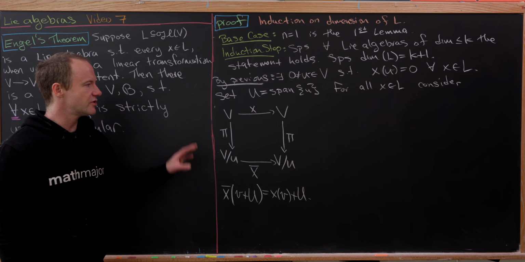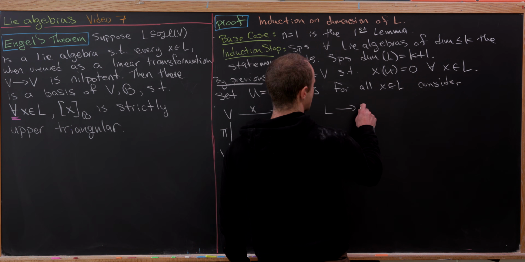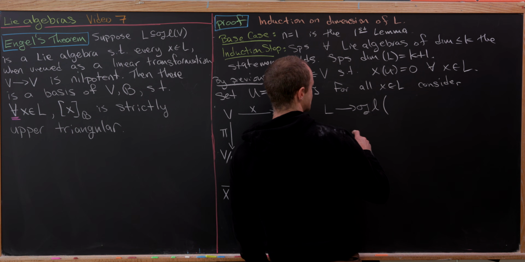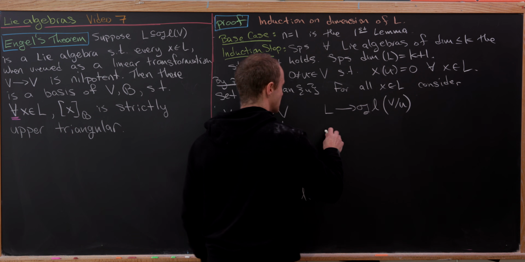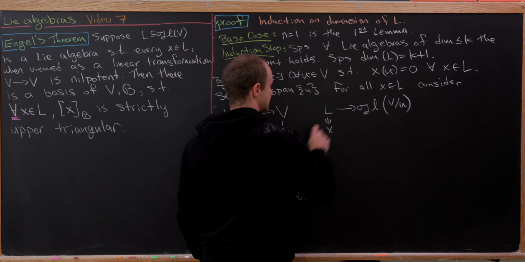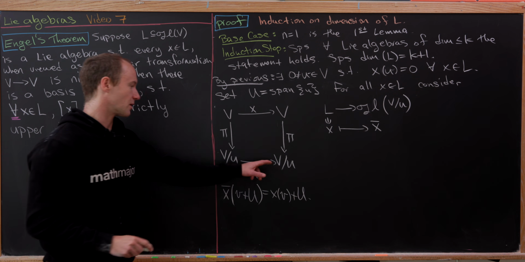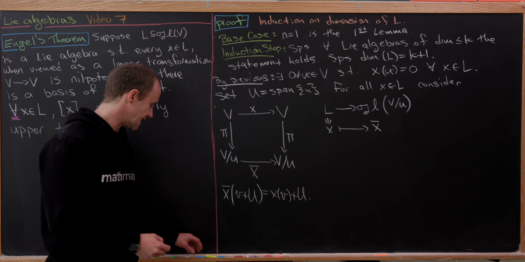But notice under this picture, we can view L as being pushed inside of the Lie algebra GL of V mod U, where every x inside of L turns into this x bar map down here. And furthermore, this map here is a Lie algebra homomorphism.